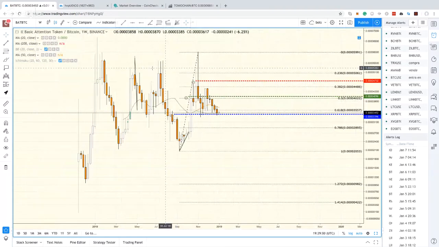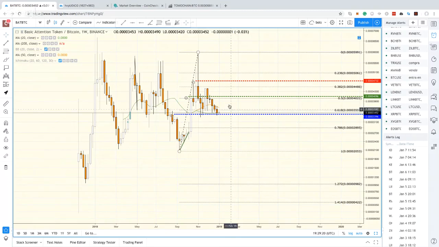Look at these wicks. Every time that it went above 5K Satoshis, it went down to these levels again, to 2K. So I wouldn't be in this trade. I don't like BAT right now.